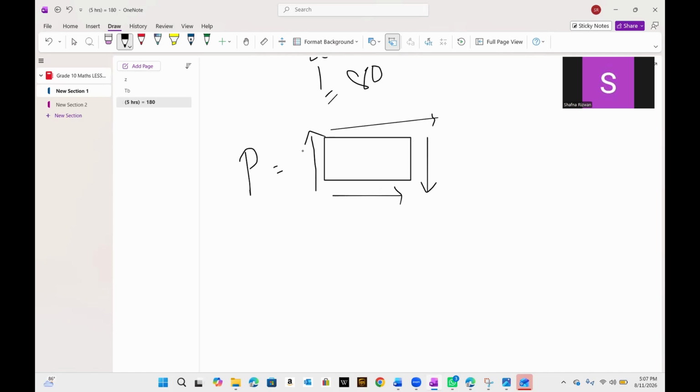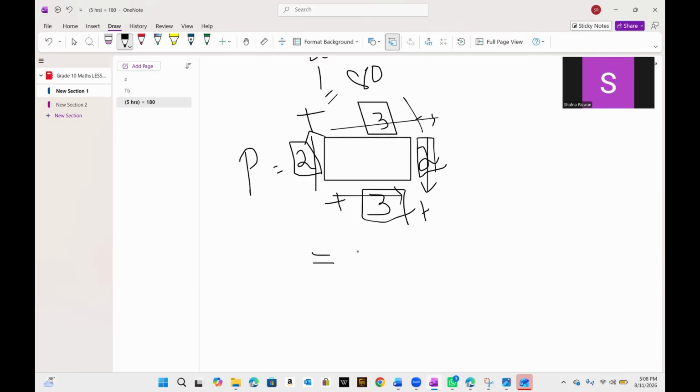Now let's say I have taken here 2, here 2, here 3, here 3. So I have to take the length of all these sides, and I have to add it all together to get the outer distance of this rectangle.